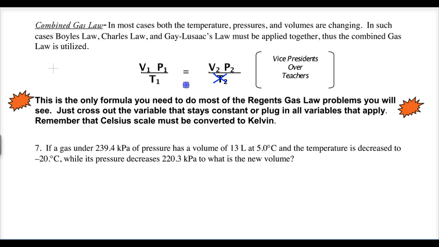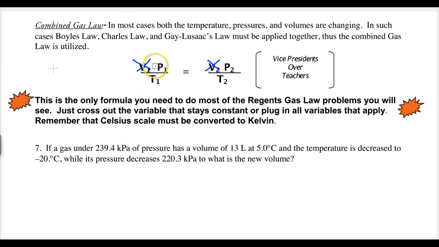There were the Charles's law problems where pressure was constant, so we crossed that out and we had our volume temperature relationship. And then we dealt with Gay-Lussac's law where we crossed out volume. We had pressure temperature relationships that were of course direct, like Charles's law.